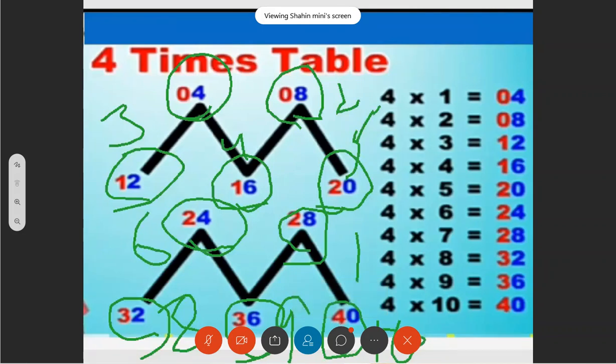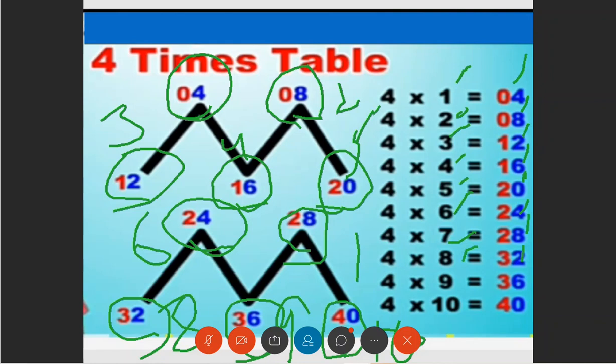You can enlarge and repeat; just tap it and it will get enlarged. 4 ones are 4. 4 twos are 8. 4 threes are 12. 4 fours are 16. 4 fives are 20. 4 sixes are 24. 4 sevens are 28. 4 eights are 32. 4 nines are 36.